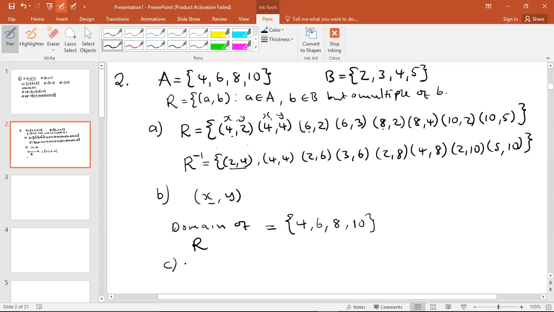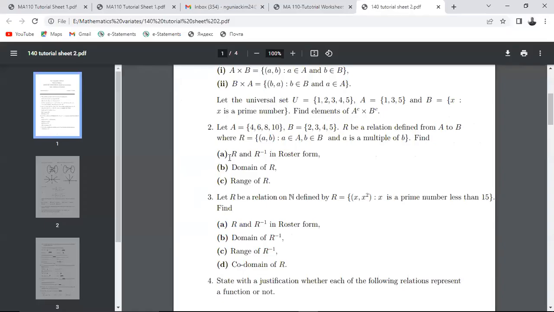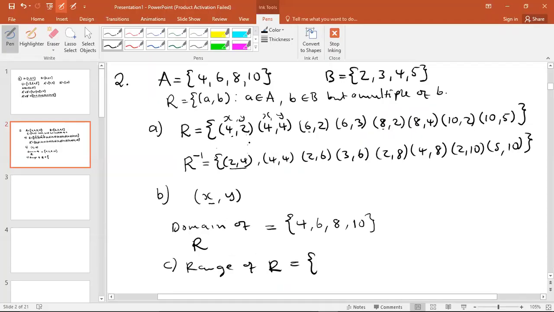Then C is just simply the range of Hara. So the range of Hara has the y coordinates. The range of Hara is the y coordinates. So it is this 2, 4, 3, 2, 4, 2, 5.